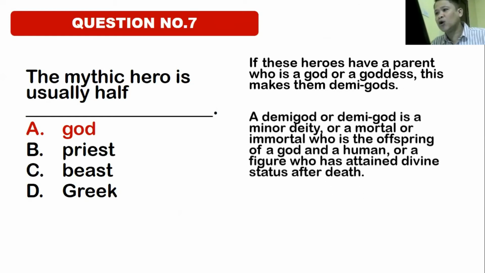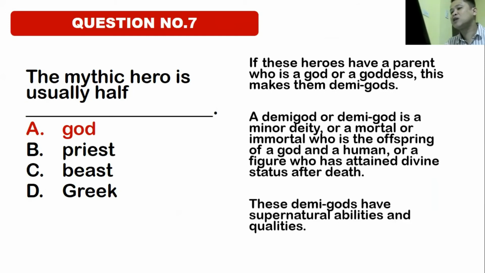A demigod is a minor deity or a mortal or immortal who is the offspring of a god and a human, or a figure who has attained divine status after death. These demigods have supernatural abilities and qualities. So probably they get these supernatural abilities from their divine parent, right?